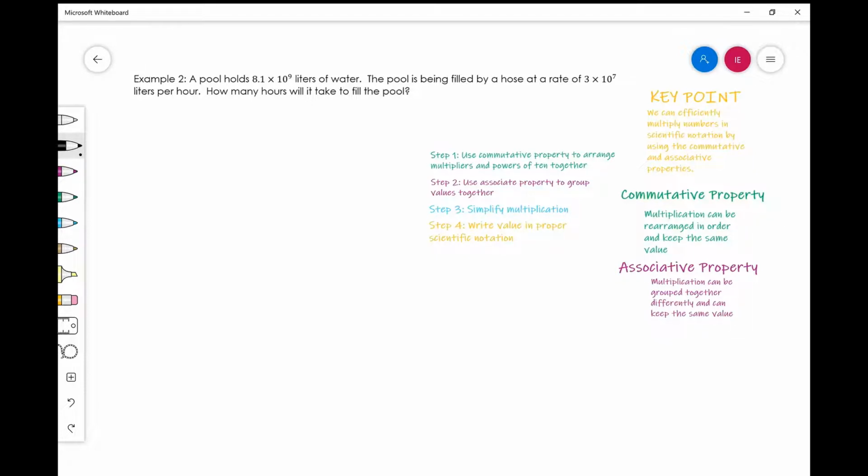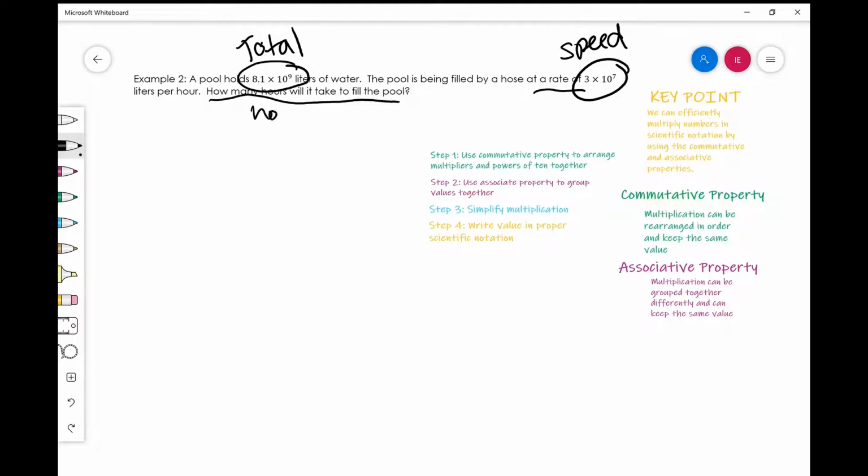So first let's annotate and recognize that we have 8.1 times 10 to the 9th, and that's the total amount of water that our pool holds. We also have a rate or a speed of 3 times 10 to the 7th power. The question is asking how many hours it will take to fill the pool.